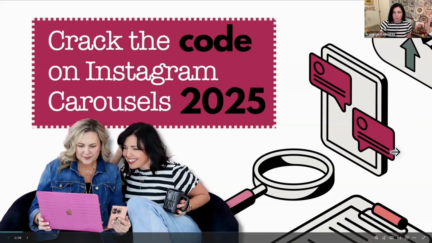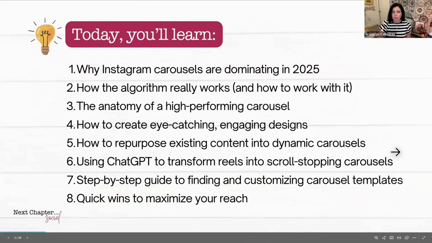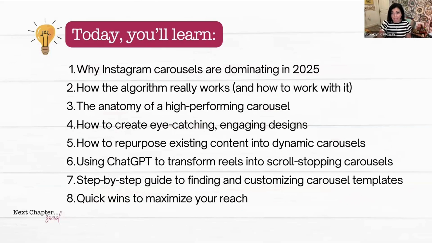So let's get started. Today, you're going to learn why Instagram carousels are dominating this year, how the algorithm really works and how to work with it, the anatomy of a high performing carousel, how to create eye catching, engaging designs, and how to repurpose existing content into dynamic carousels.